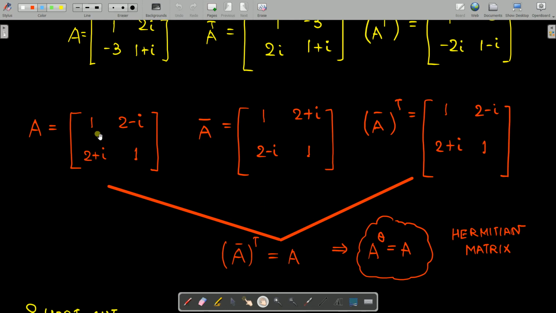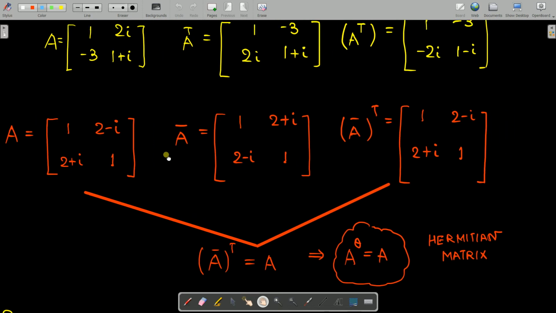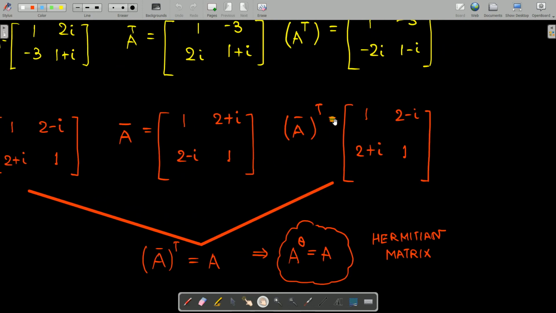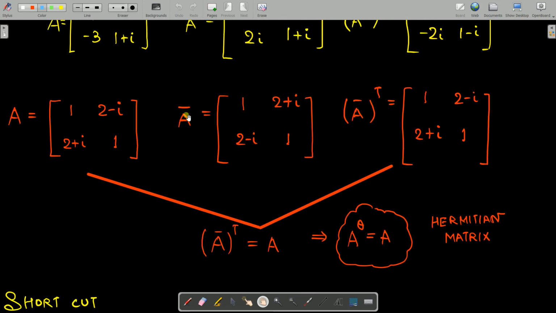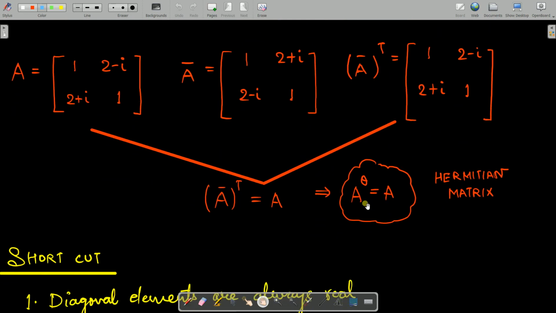The conjugate of this will be 1, then in place of 2 minus i we have 2 plus i, in place of 2 plus i we have 2 minus i, and then 1. Here again, if you take the transpose, you will get this original matrix. So whether you take the conjugate and then transpose, you get back the original matrix. Hence A to the power of theta is equal to A, and we can say that this matrix is a Hermitian matrix.